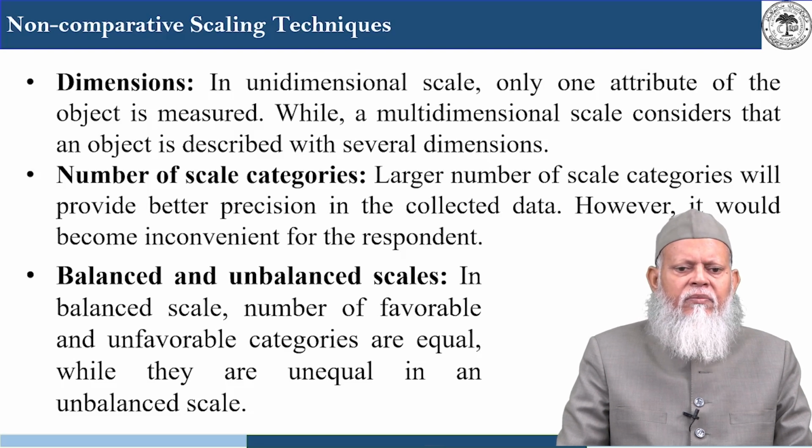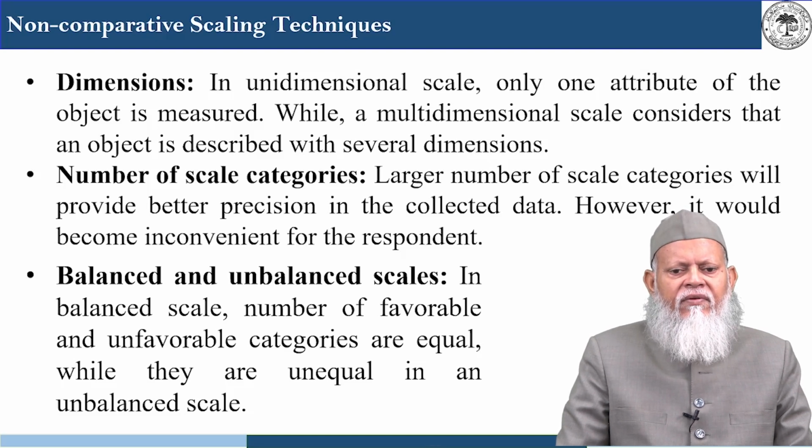However, it would become inconvenient for the respondent. If we give large scale categories, then of course the precision would increase. The precision of the collected data has to increase.